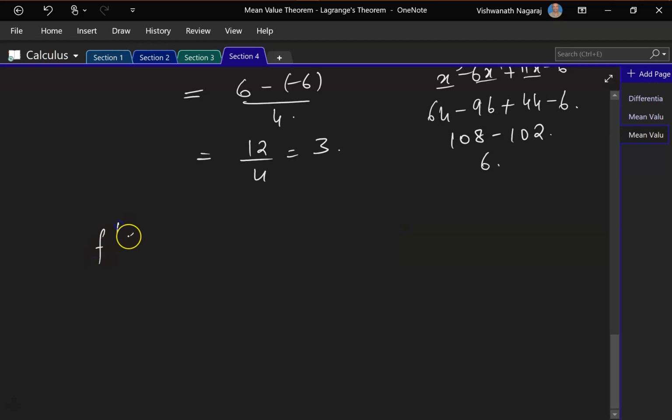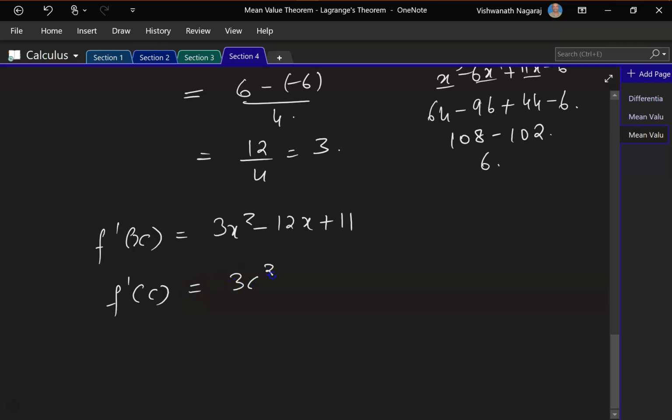Now we know f prime of c, or f prime of x, is equal to 3x square minus 12x plus 11, and now we know that it is equal to 3, right? So let's substitute this point c.